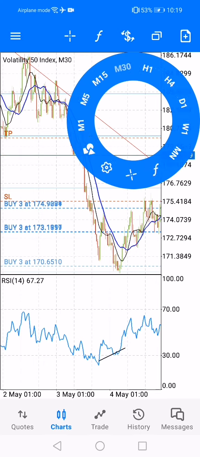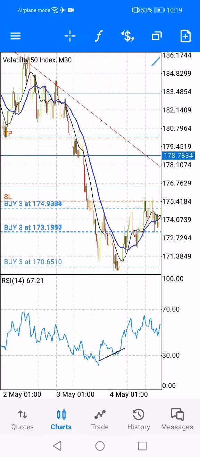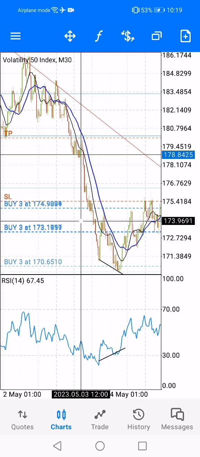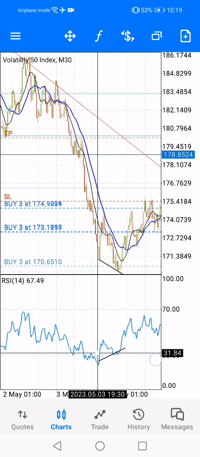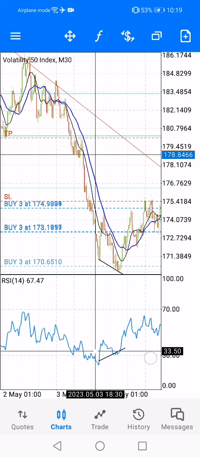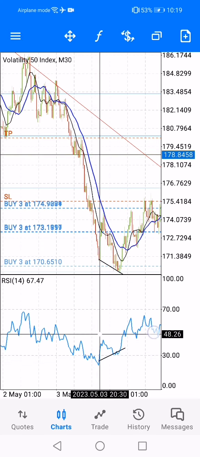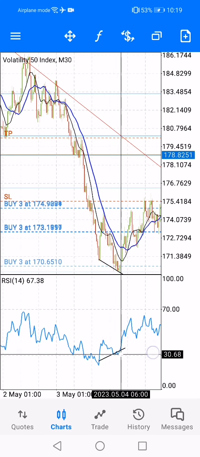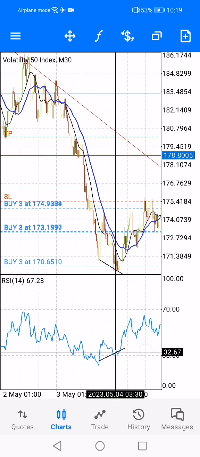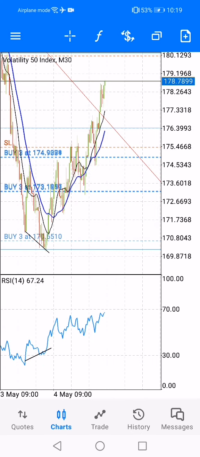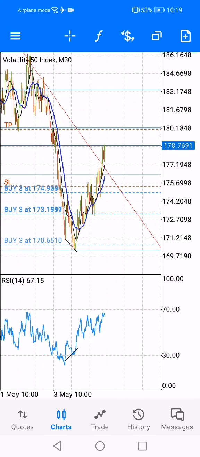Once you get this divergence, this RSI divergence, the RSI, when it's diverging, it has to be above 30. If it is still below 30, you don't have an entry yet. You wait for the RSI to be above 30, then you enter. And when you enter, that's when you will use the Fibonacci tool to place your take profits.